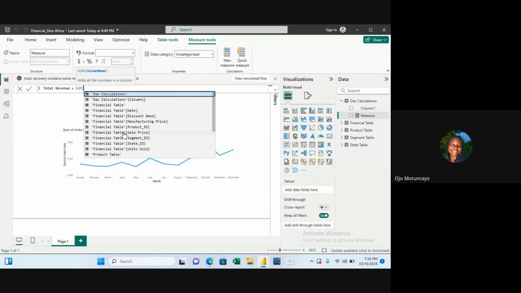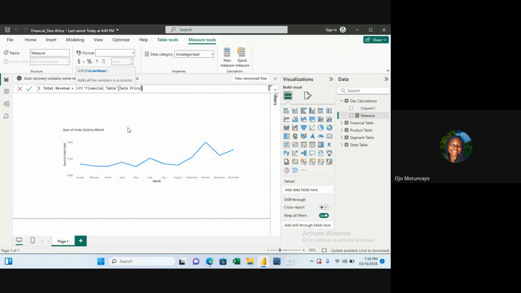But because we've not multiplied it before, we will not be multiplying it here and then sum it. That's why this sum is coming up first. So now let's click on our sales price, then times your table name again.